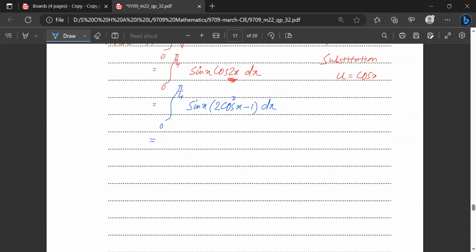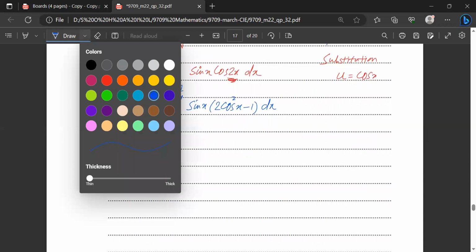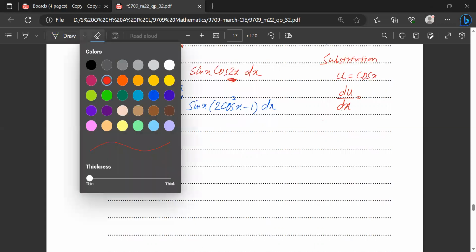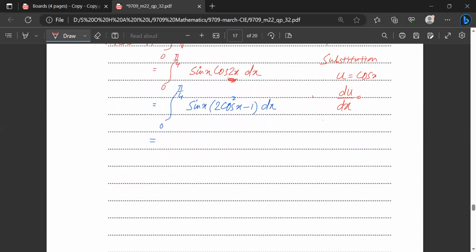So this is a basic equation of integration by substitution. For the integration by substitution, what we do first is differentiate the substitution. u is cos of x, so du by dx is minus sine of x.